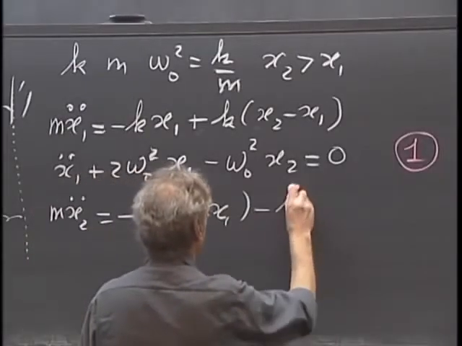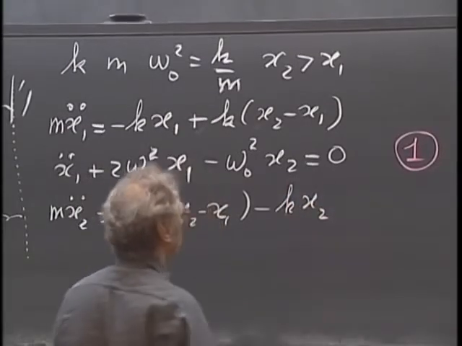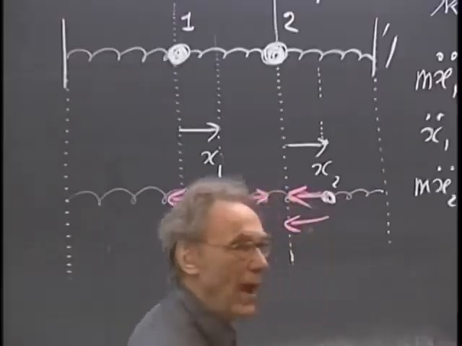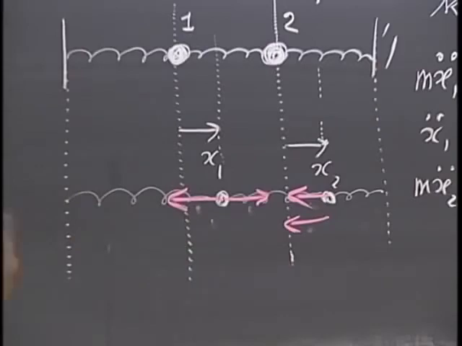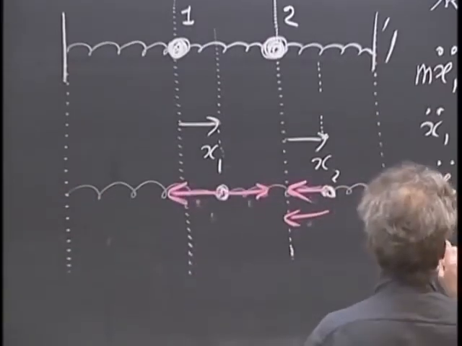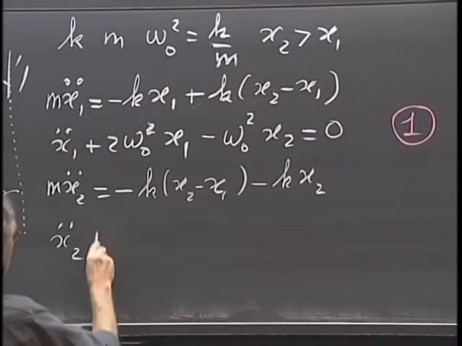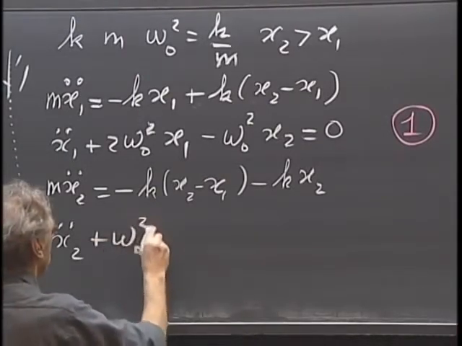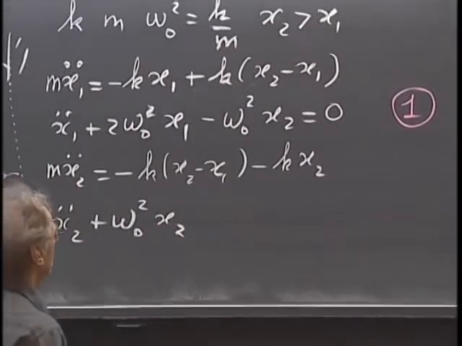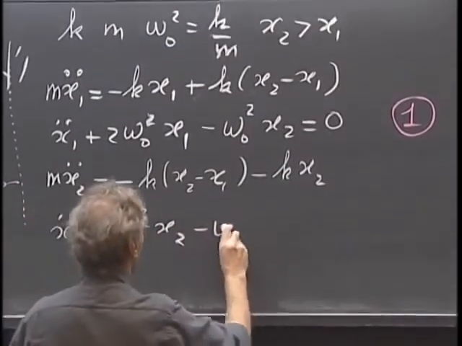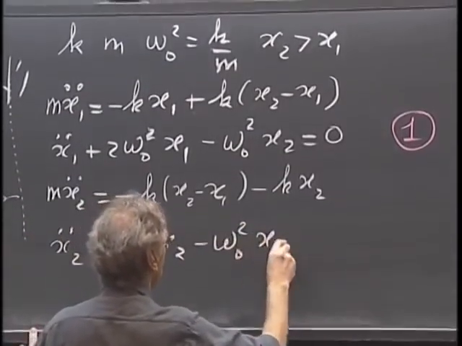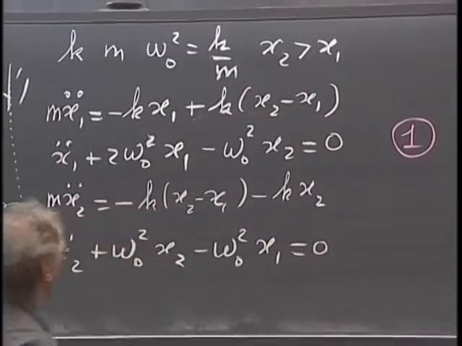So I get minus k times x2. And so I can divide m out. And so I get x2 double dot, and then I get plus 2 omega 0 squared times x2, and then I get minus omega 0 squared times x1 equals 0.